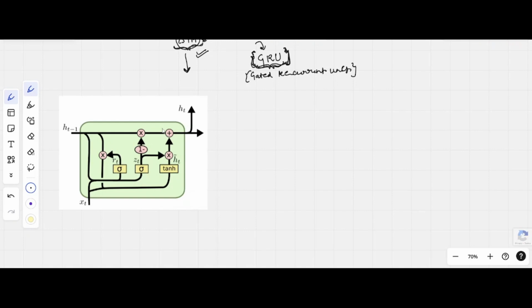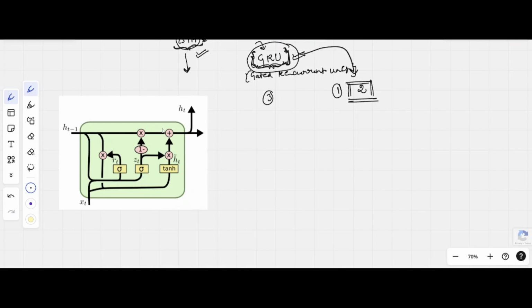So overall, there are a lot more parameters, and when you have a lot of parameters, your training time increases. But in GRUs, instead of three gates, you have only two gates. Since you have only two gates, your training time will reduce because you will have fewer parameters. So this is one of the benefits of GRUs.